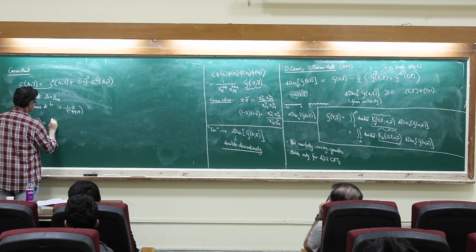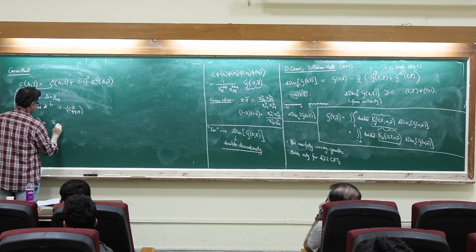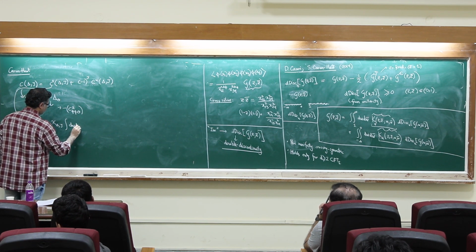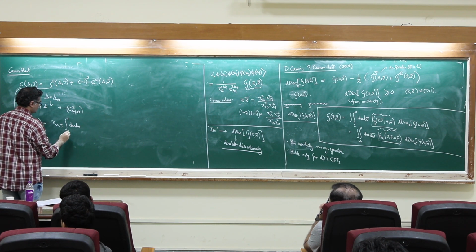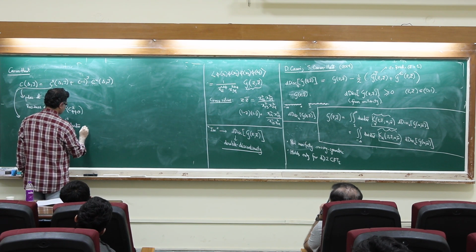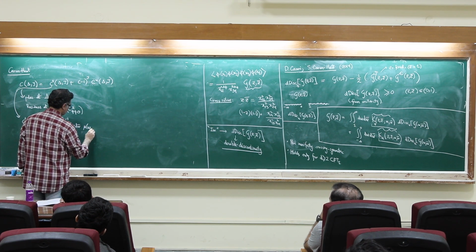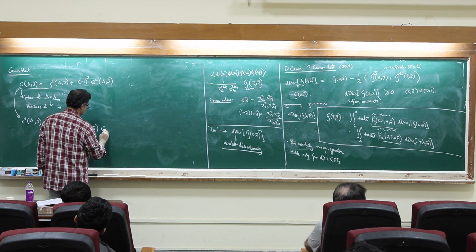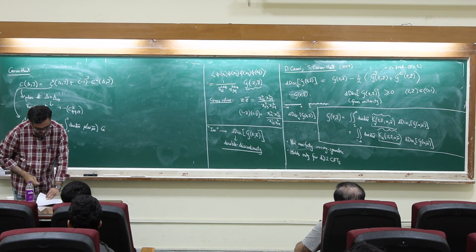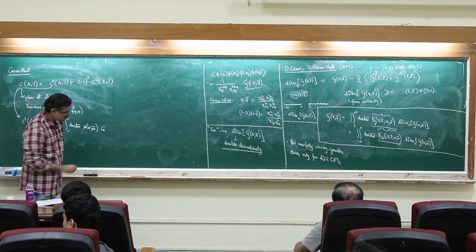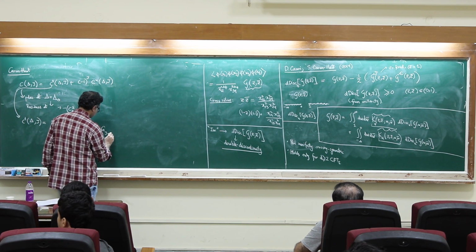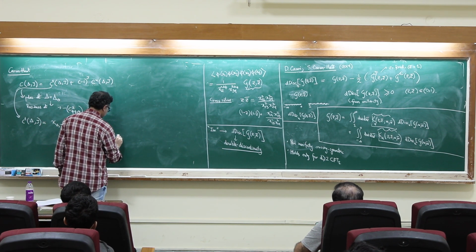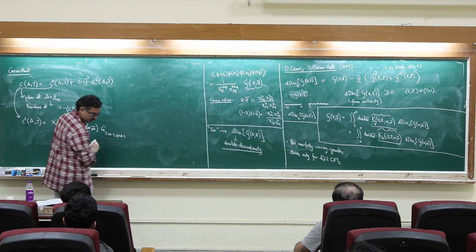There is some normalization which is not going to be important, but there is some measure. There is some kernel. Delta plus d-1.